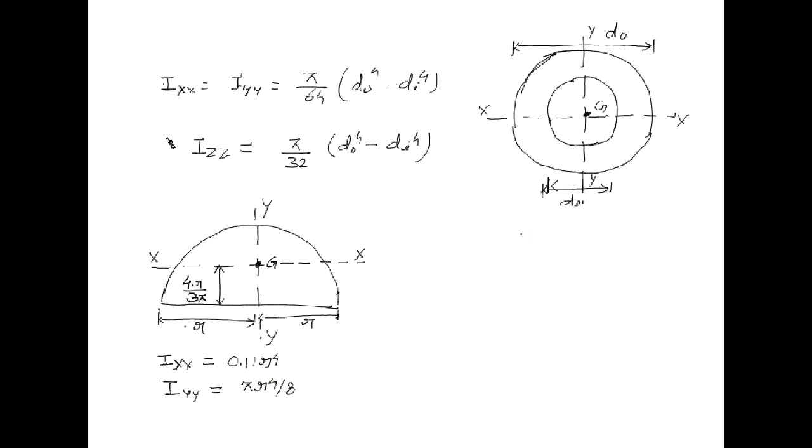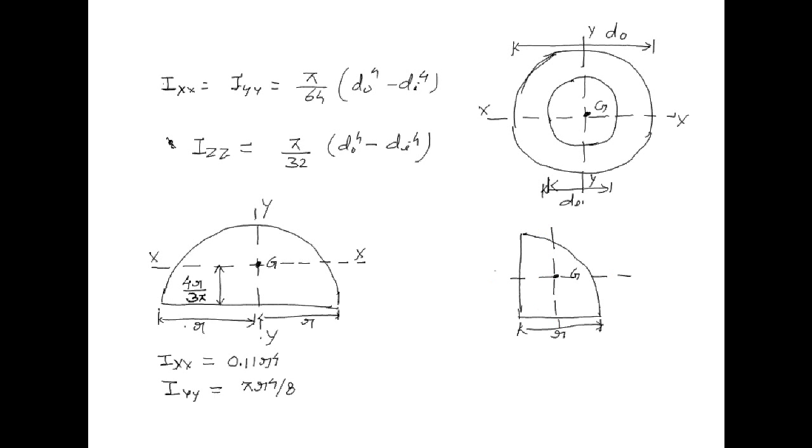Now if we have a quarter circle, the radius of this quarter circle we are taking as r. We are taking the centroid of this plane quarter circle in the middle of this area.